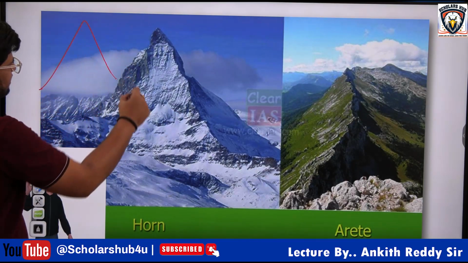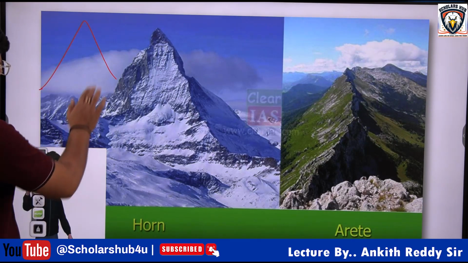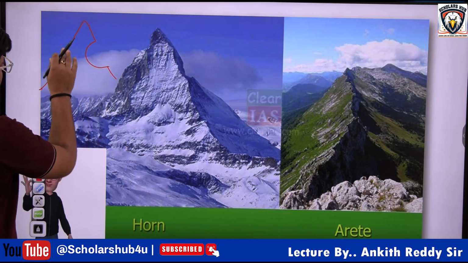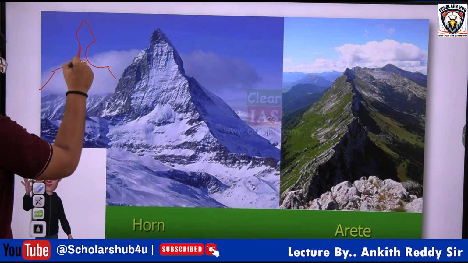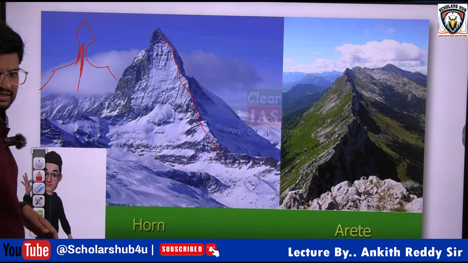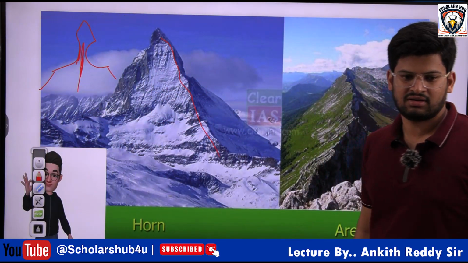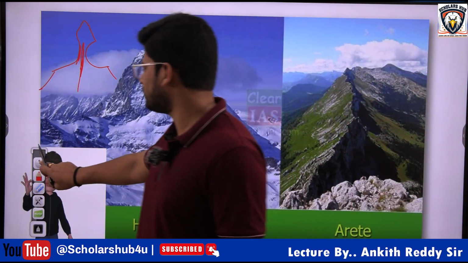Initially, the structure of the mountain will be like this, but because of the repeated formation of cirques like this, sharp edges will form in between. Can you see? So they are nothing but sharp ridges on a mountain formed because of glacial erosion. Then it is called an arête.